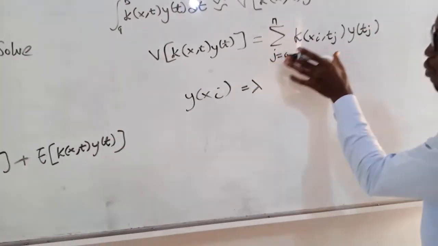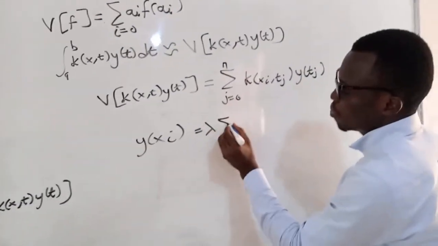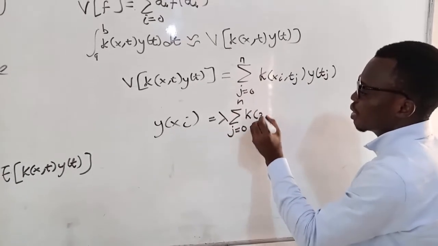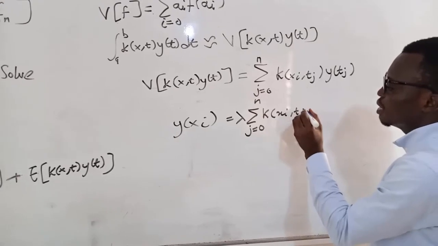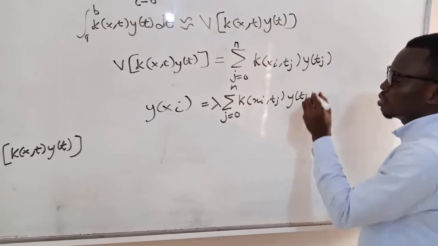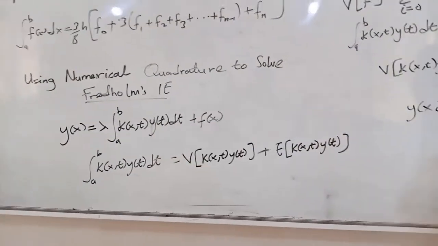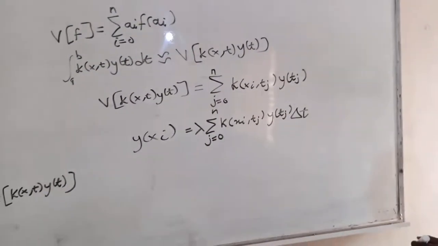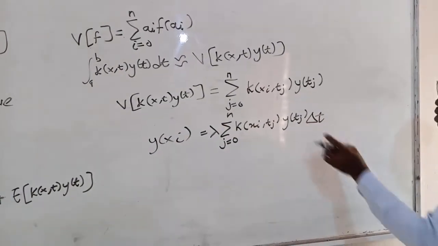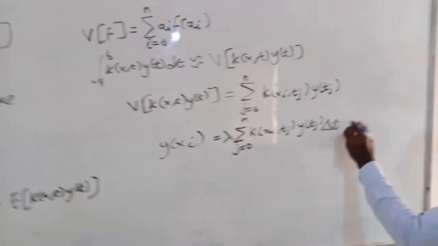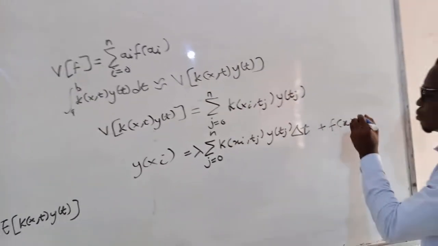Then you replace the integral with the whole of this: the summation over j from 0 to n of k(s_i, t_j) y(t_j), and the dt becomes delta t, plus f(s) becomes plus f(s_i).